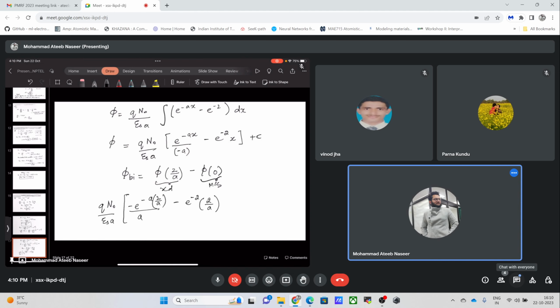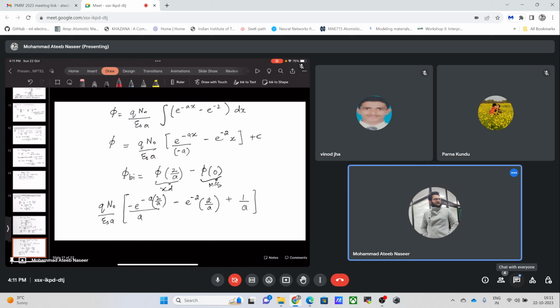When I put x equal to 0, this x term will go and we will be left with e to the power of 0, which is 1, and it would be simply 1 by a. Okay, as simple as it gets.